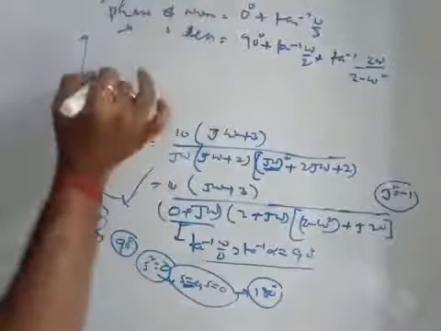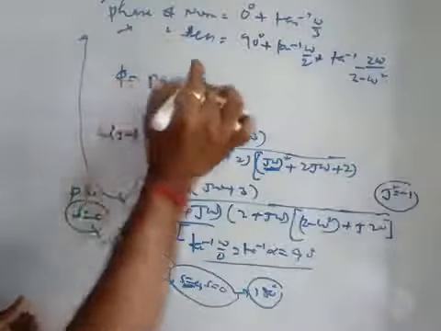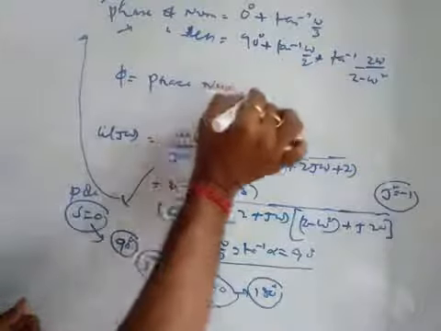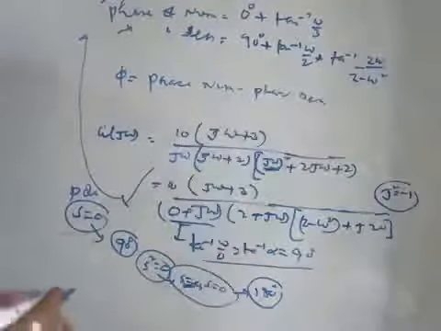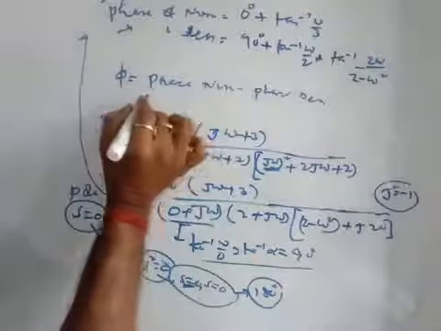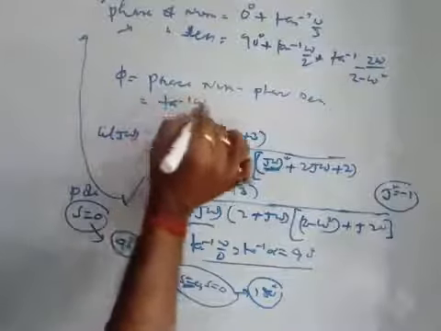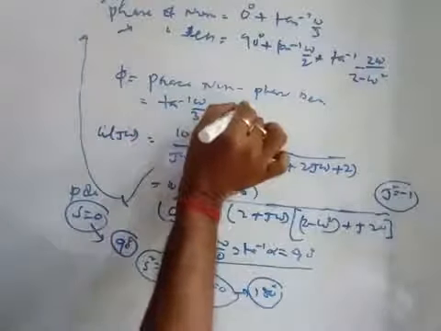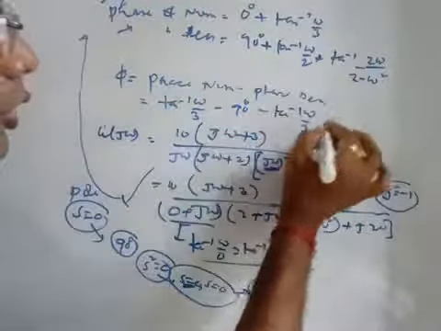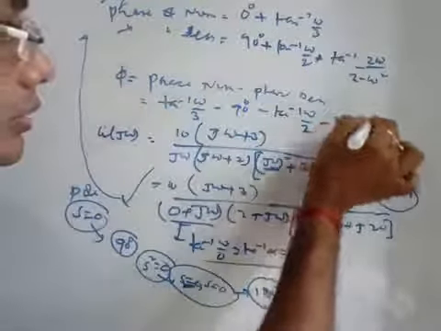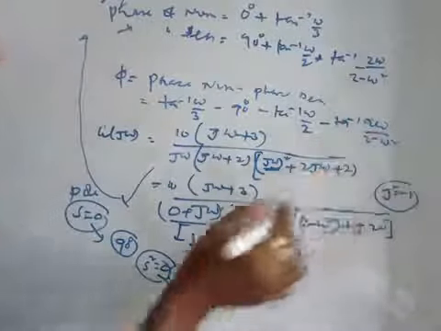So the total phase of the system phi is equal to phase of numerator minus phase of denominator, right? So phi equals tan inverse omega by 3 minus 90 degree minus tan inverse omega by 2 minus tan inverse of 2 omega by 2 minus omega square, right?